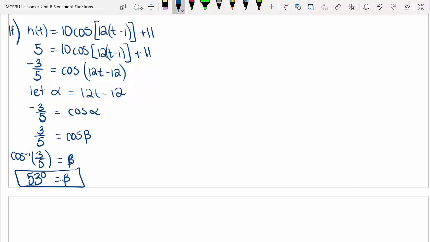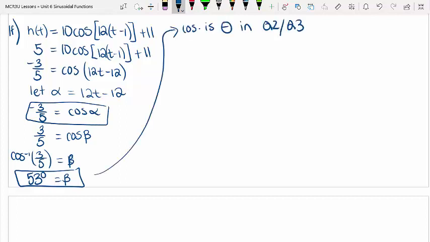Okay, so we know that cosine is negative in quadrant 2 and quadrant 3. So let's go ahead and draw our terminal arms with the related acute angle of 53 in quadrant 2 and 3.